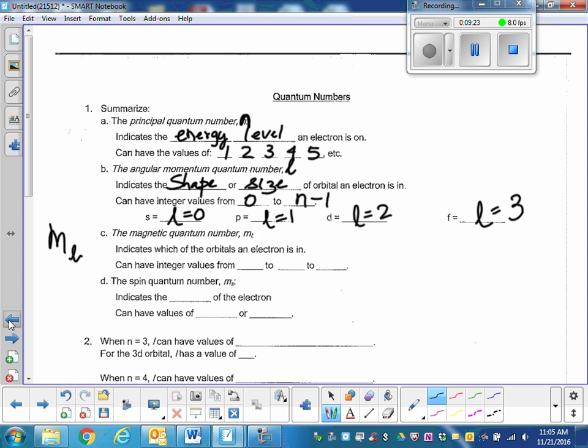The magnetic quantum number can take values from minus L to 0 to plus L.